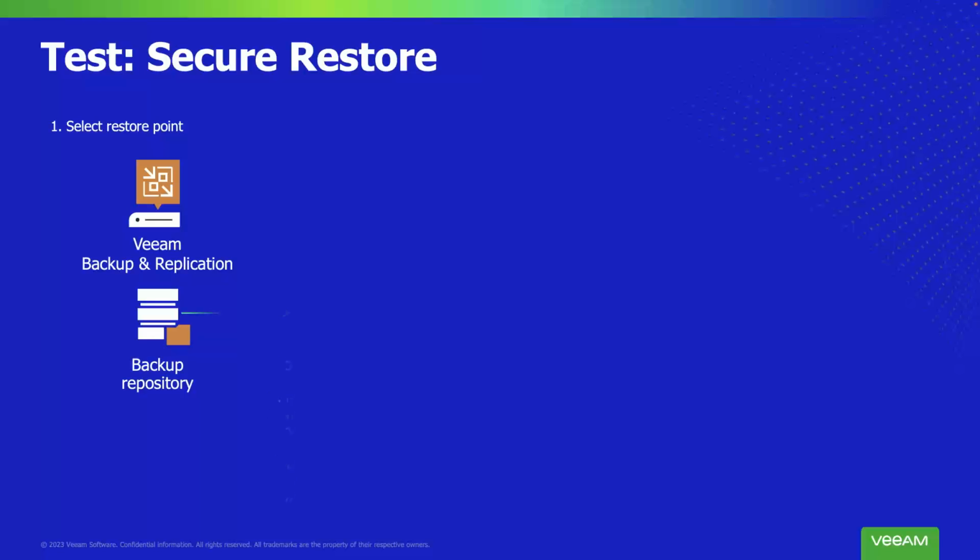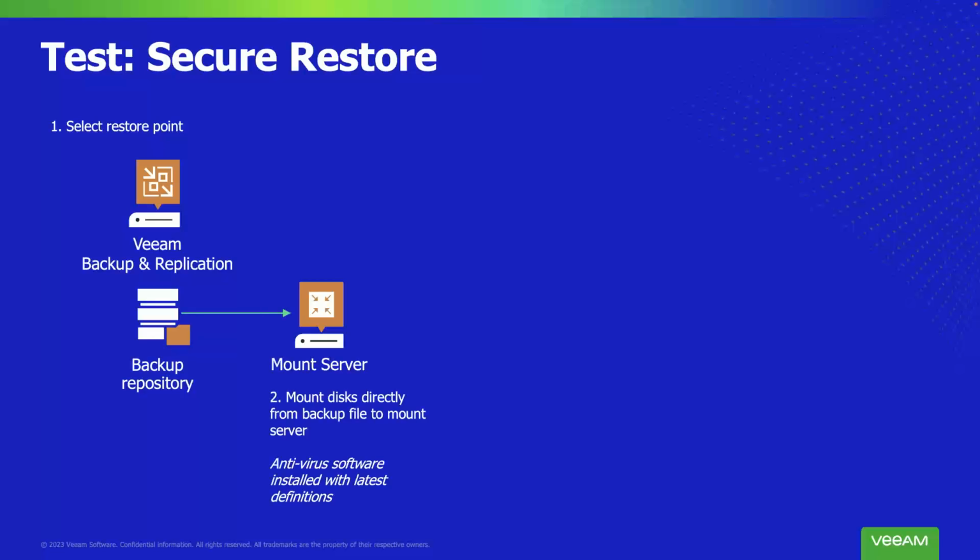A recovery will happen. And then before performing the recovery, we will mount the backup restore point to a mount server, whereby the latest antivirus signatures are implemented in the mount server itself. And then we will perform a scan, right?